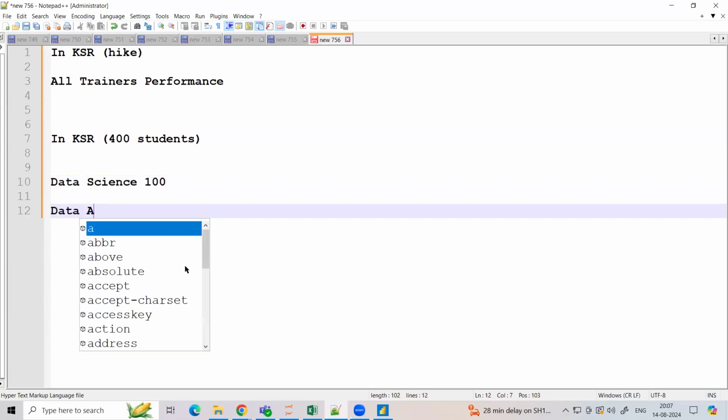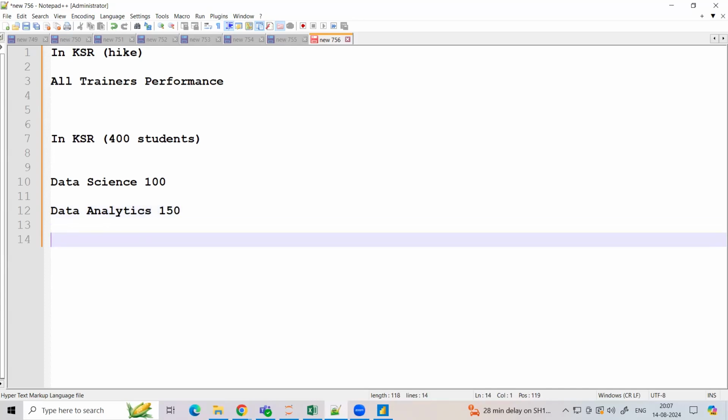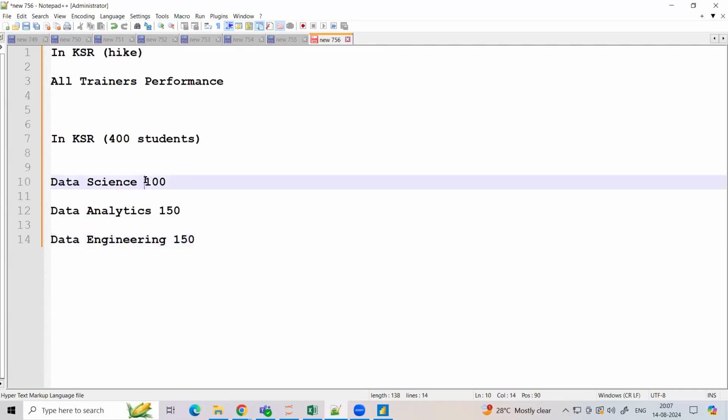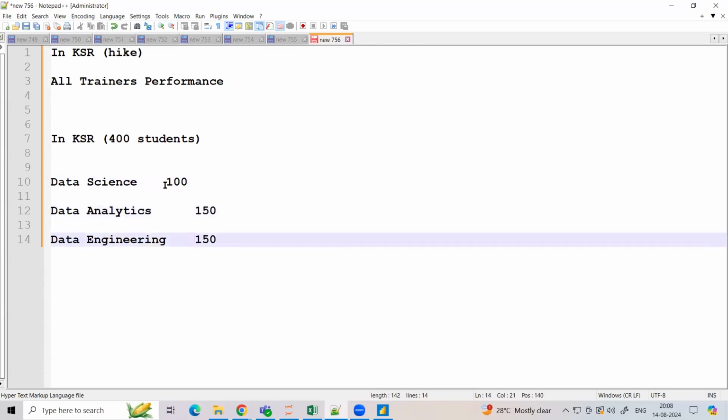Data analytics, which is you people, we have 150. And data engineering, we have around 150. So totally we have 150 students in data analytics, 150 in data engineering, and 100 in data science. So totally we have 400 students.